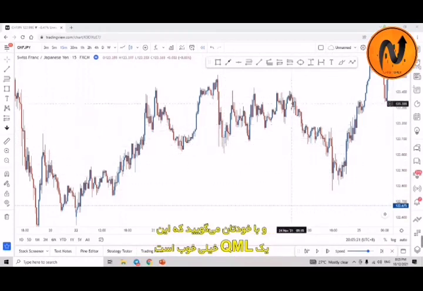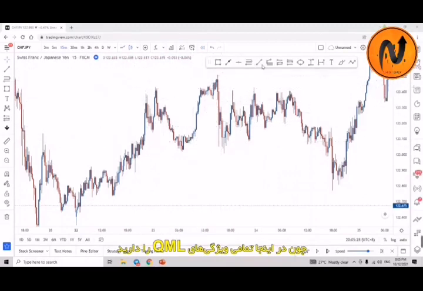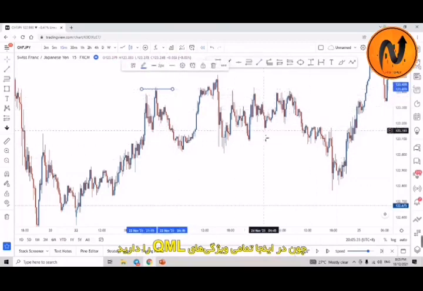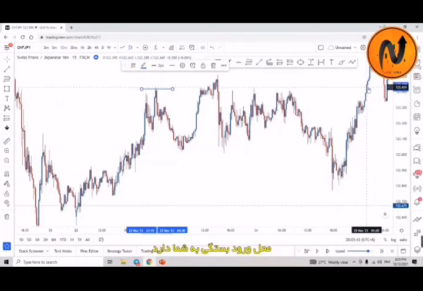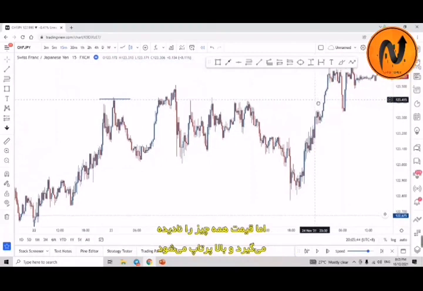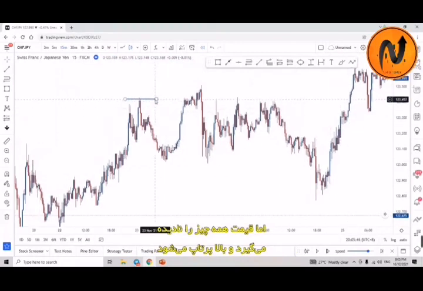Then you think, wow, this is a very perfect QML because you have everything, your QMS over here, your MPL, whatever. So you might enter here for a sell, or here for a sell. It depends on you. But the price ignores everything and shoots up.